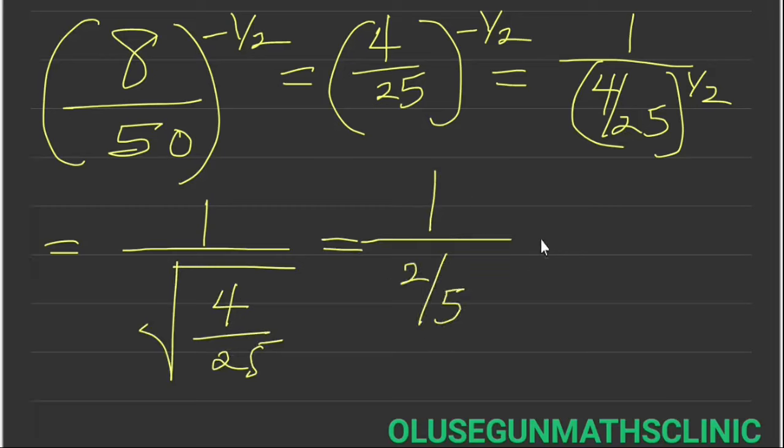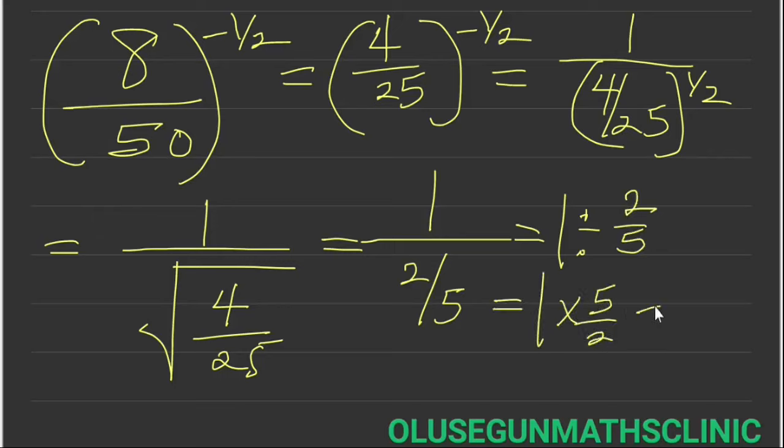Since it is a reciprocal, it is 1 divided by 2/5. So to change to 1 times 5/2. So the final answer will now be plus or minus 5/2, or plus or minus 2 whole number 1/2.